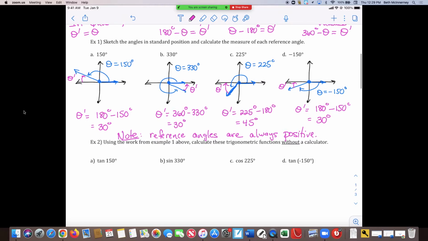So now we're going to make a beautiful connection, okay? I'm super excited for this. So now we're going to connect this to our special right triangle. I'm planting some fabulous seeds here. So I want us to use the graphs from above, and we're going to do these without touching a calculator, and I want to find the tangent of 150 degrees.